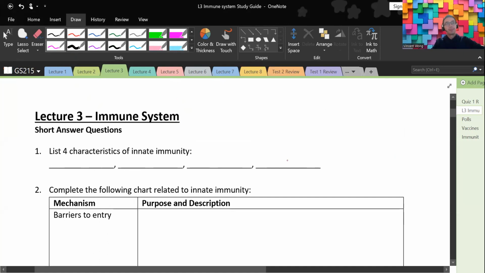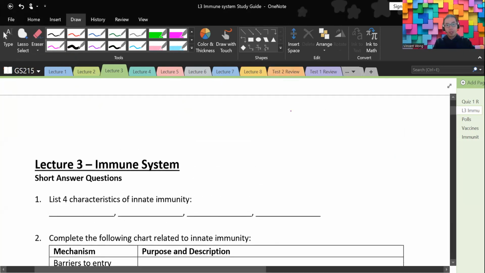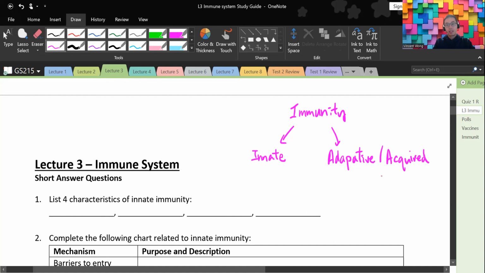All right, so if you think about immunity as a general system, right? So immunity is separated into 2 branches. We have the innate immunity, and we have the adaptive or acquired immunity. Okay, so these are the 2 major branches. The innate is the one that you are born with.